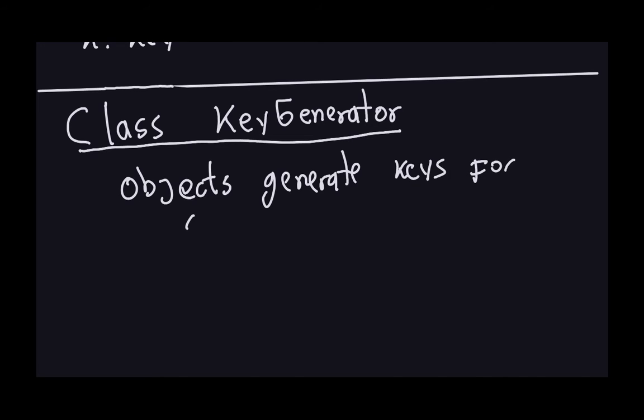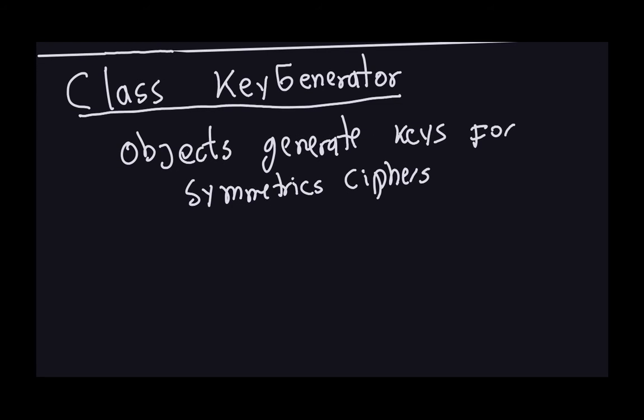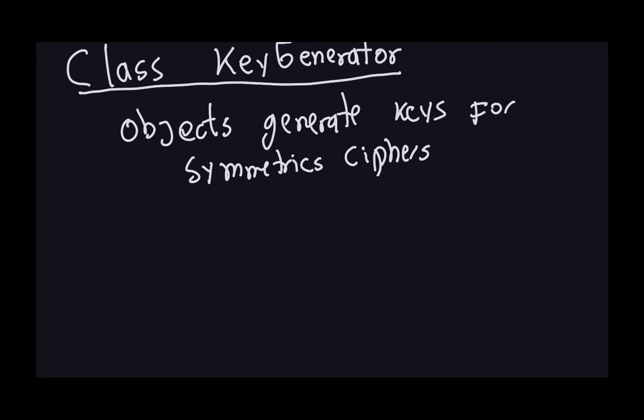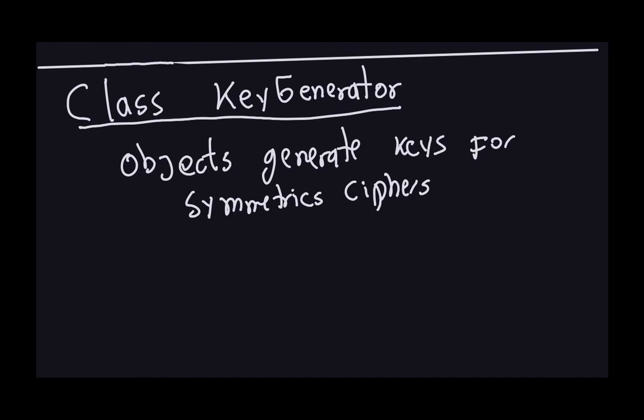Now remember, the symmetric ciphers are those that use the same key for encryption and decryption. We have talked about a couple of symmetric ciphers in the class, which are the stream cipher and the DES. In the last video, I mentioned briefly triple DES and the advanced encryption standard. So this class, the KeyGenerator, is going to generate keys for the ones that I mentioned in the last video together with the DES.